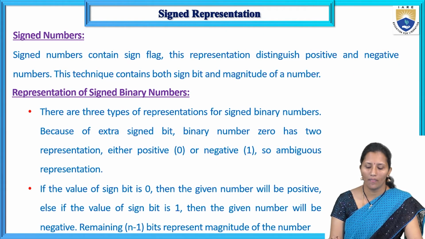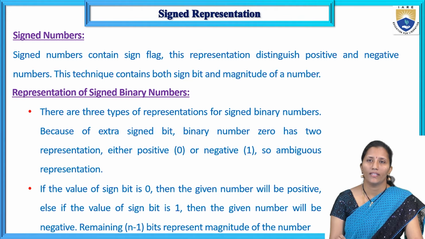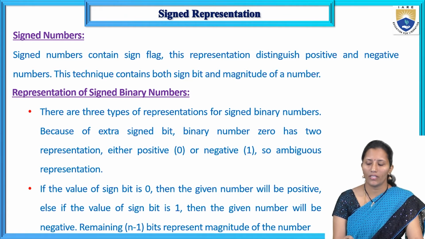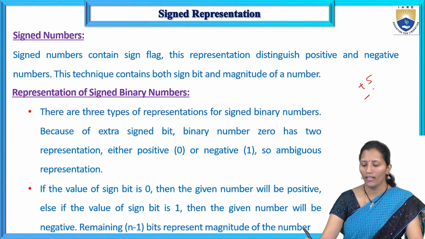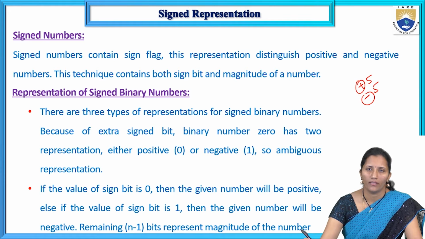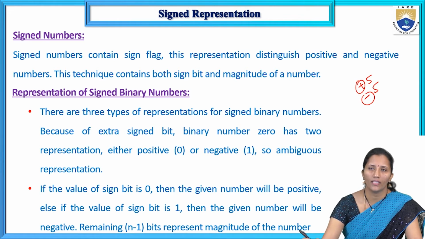Signed numbers. Signed numbers contain a sign flag. This representation distinguishes positive and negative numbers. In signed numbers, we can represent a digit by sign value and unsigned value, so we can represent plus or minus of the number. This technique contains both the sign bit and the magnitude of a number.